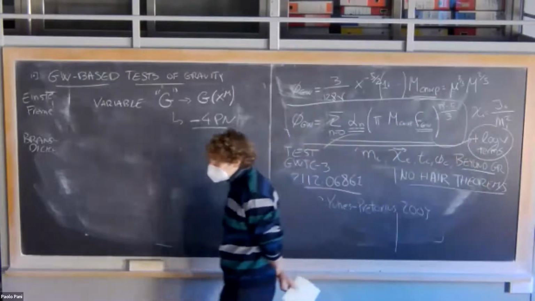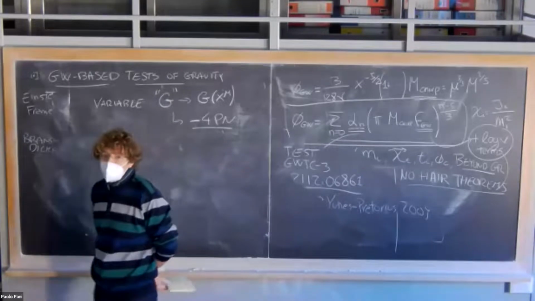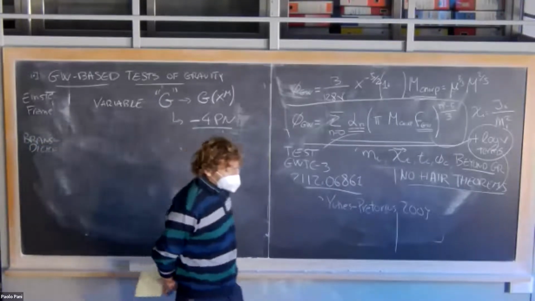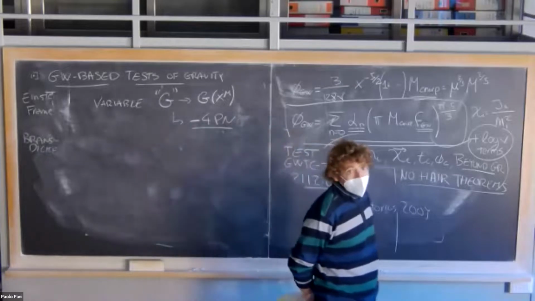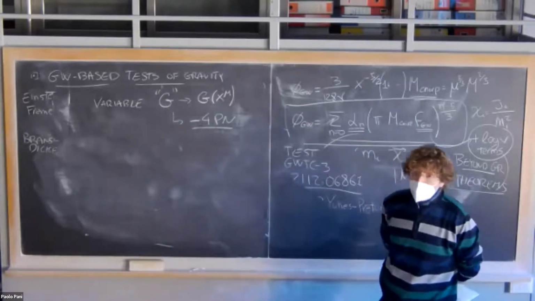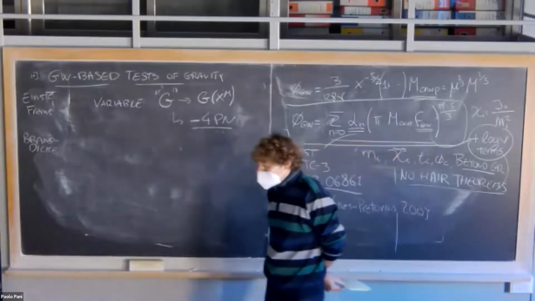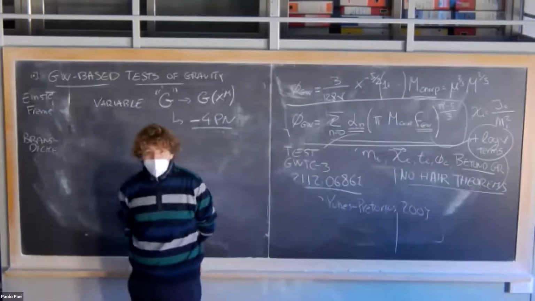However, in many cases, it can be shown by essentially doing the parameter estimation that including only the leading order post-Newtonian term is usually sufficient, at least to give a hint of deviations from GR.